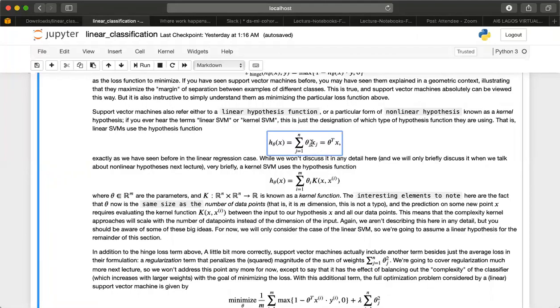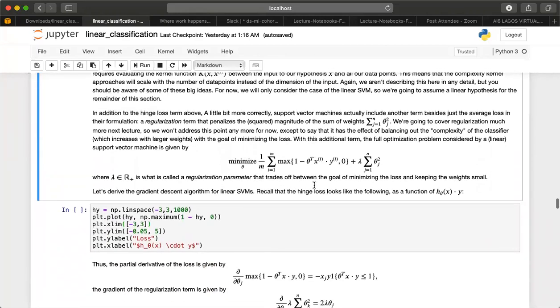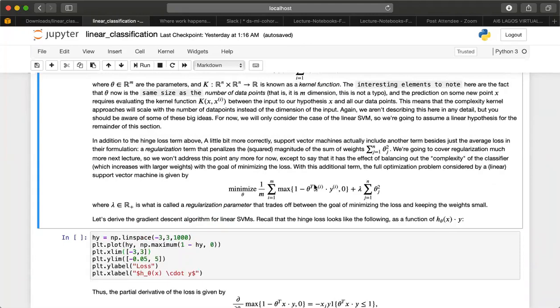Here you're having theta of j, where j is the number of features, right? And remember how we said i is the number of training examples. But here, our theta is of i. So meaning that we are having theta for each of the training examples, not for each of the features, right? So that's one interesting thing that you will notice in kernel SVMs. And remember, like I said, it's for non-linear problems, right?